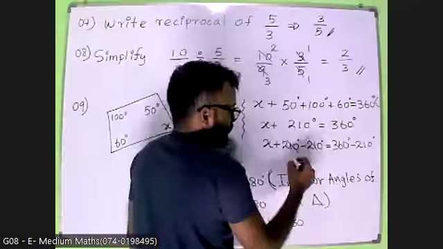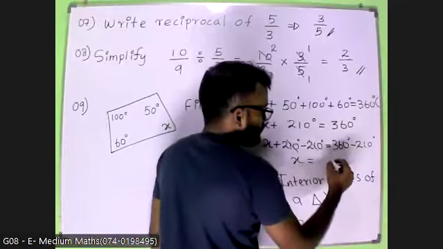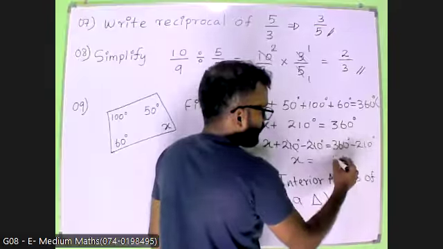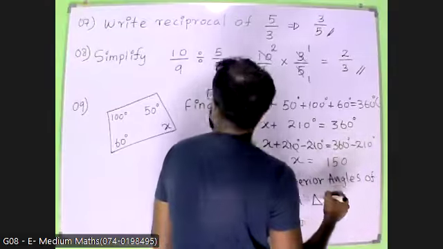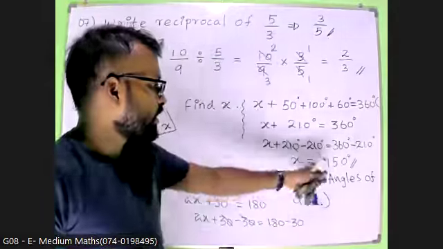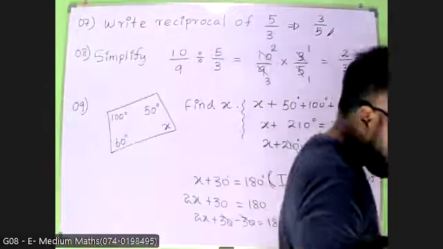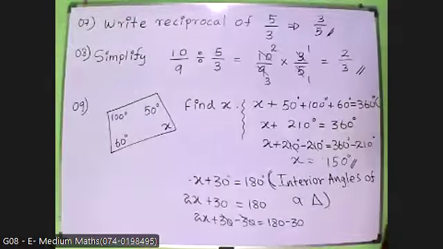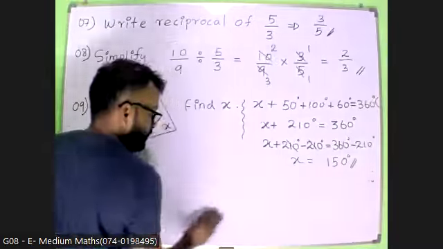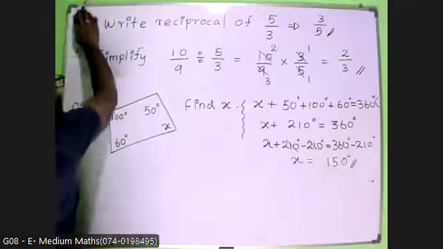Cancel out, cancel out. X equals 150. X equals 150, right?